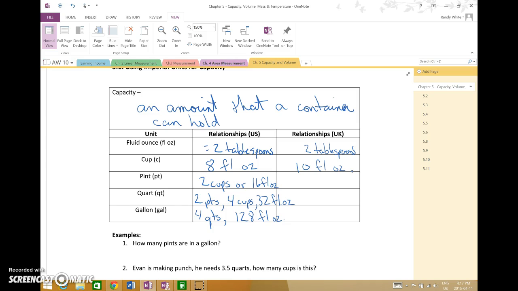A pint too, it's a little bit larger. It's 2 cups as well. But because their cups are larger, it's going to be 20 fluid ounces. And a quart, it's 2 pints. But again, because the cup is larger than the US cup, it's going to be 40 fluid ounces.